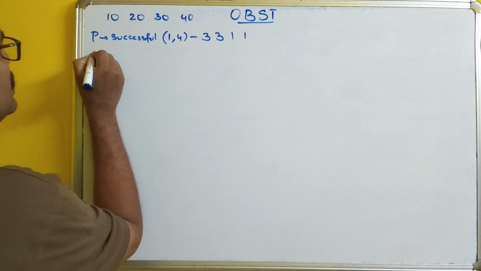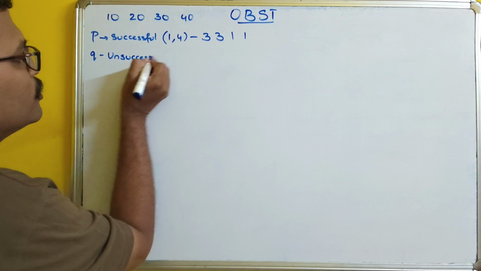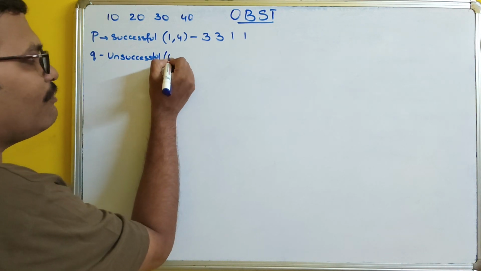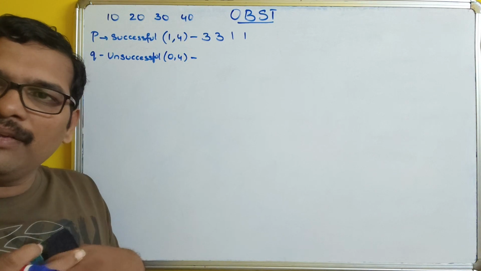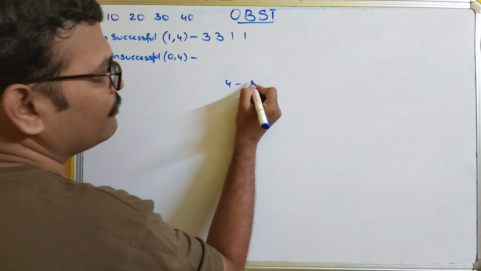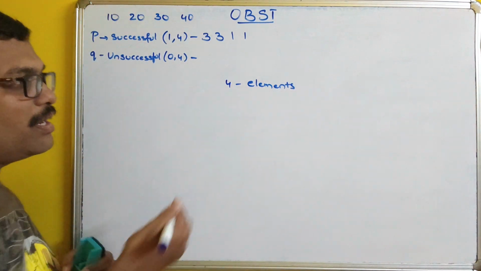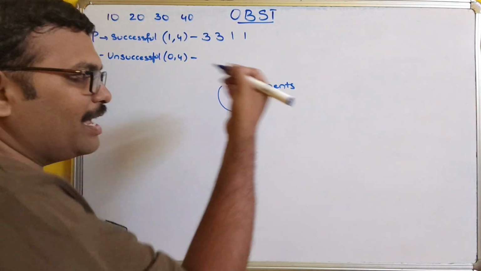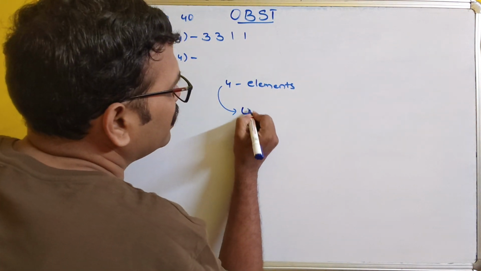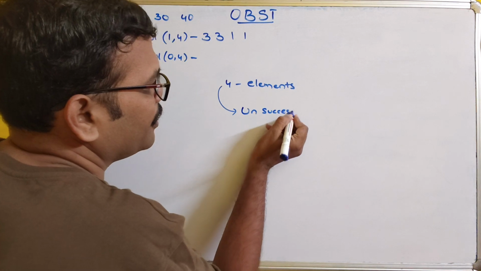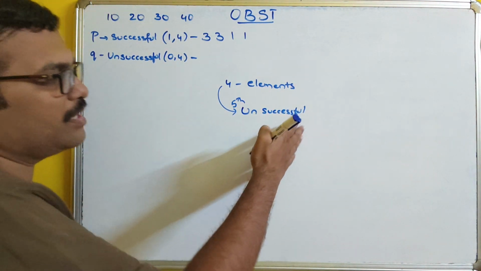And similarly, let us consider Q as unsuccessful searches. That will be from 0 to 4, because if we have 4 elements in our tree, we compare all these 4 elements, and at the fifth comparison we will get the unsuccessful search.